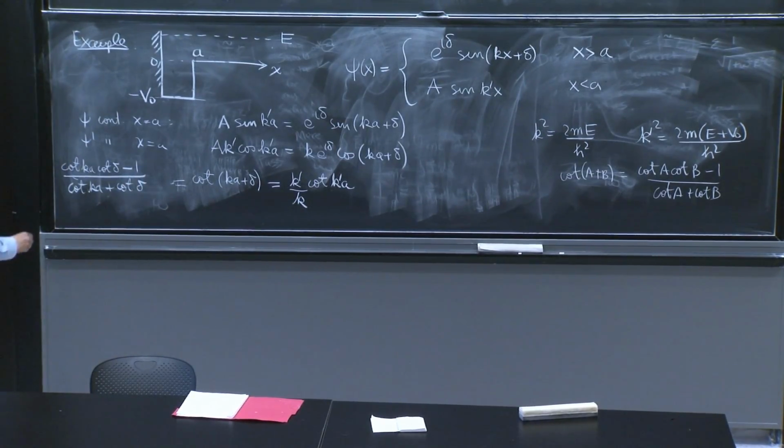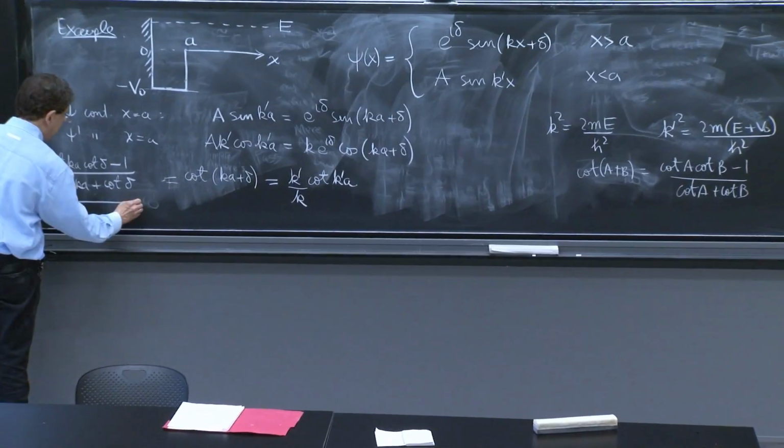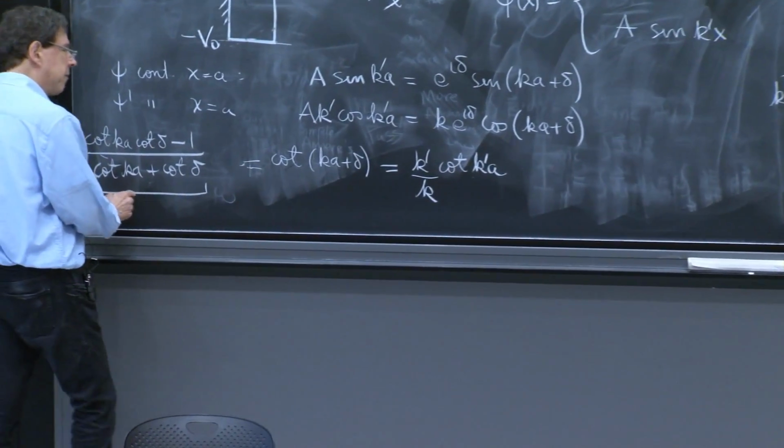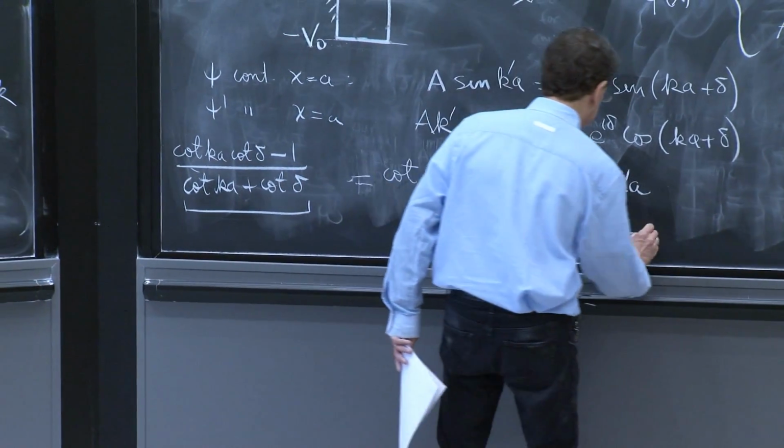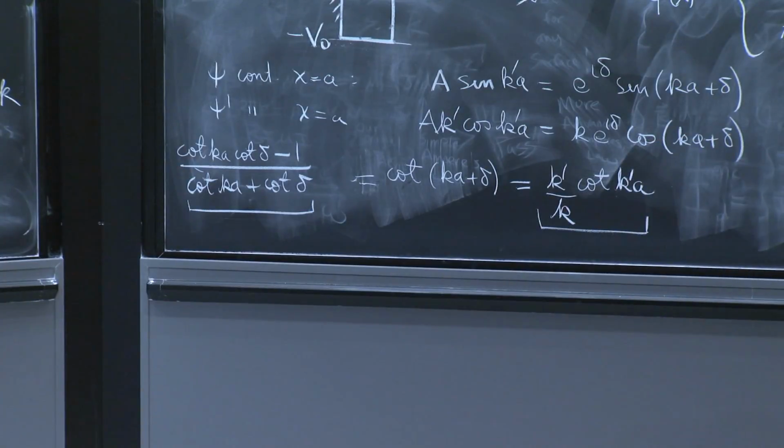And now, equating left-hand side to this right-hand side, you can solve for cotangent of delta. So cotangent of delta can be solved for, and here's the answer.